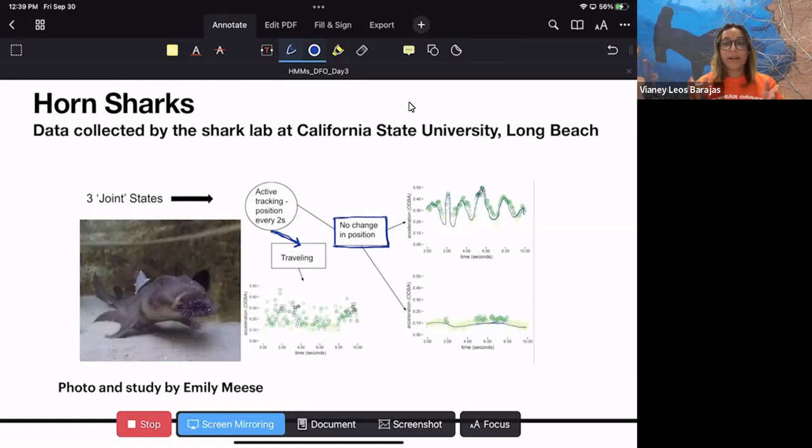And so we combined the fine scale accelerometer data with the coarser scale positional data and saw that there might be no change in position, but in some cases, the horn shark is actively doing something still, either foraging or doing something else, or it also might be resting. So the hierarchical hidden Markov model can be extended then to model time series at different temporal scales in the same analysis.